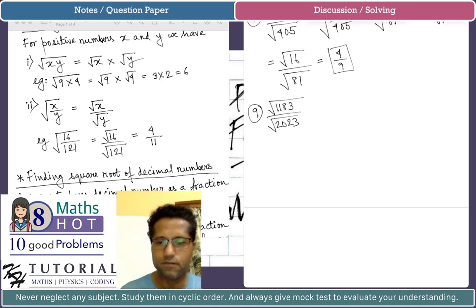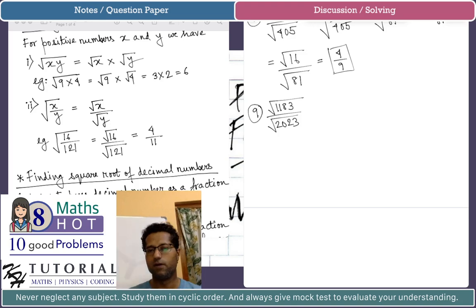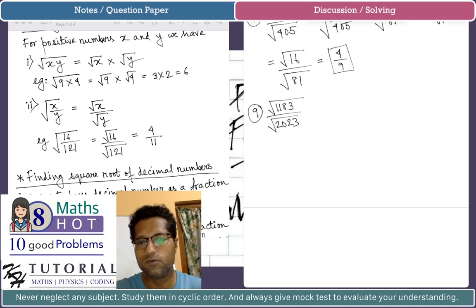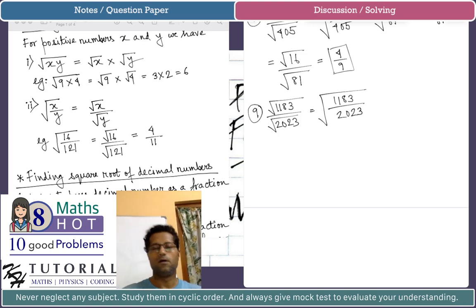So in this example, 1183 cannot be a perfect square. Also 2023 cannot be a perfect square. So we have to try to see if there will be some cancellation, and we will get a good p by q form where p and q could be perfect squares.